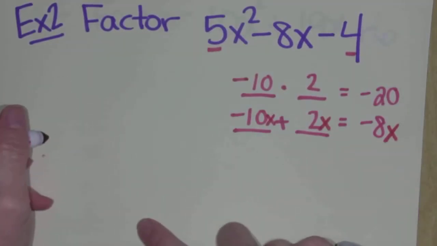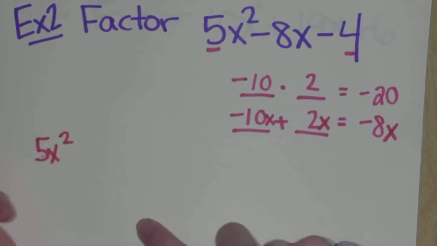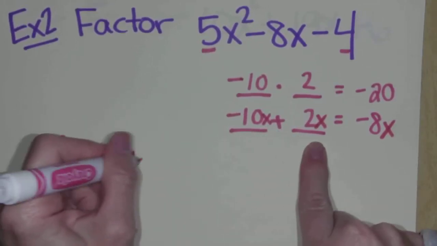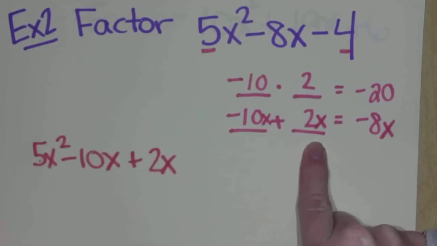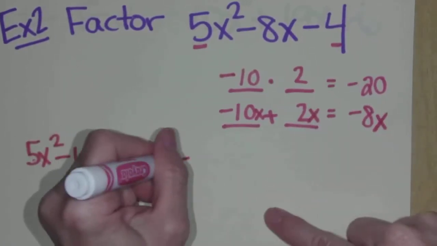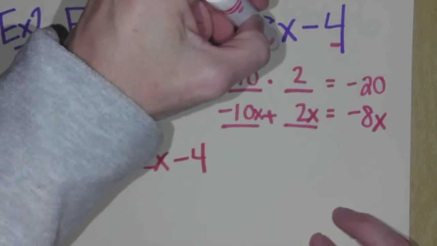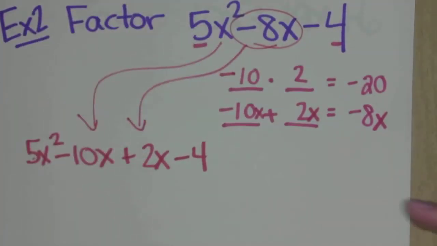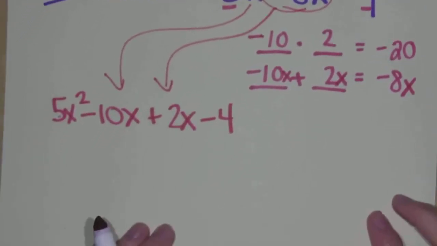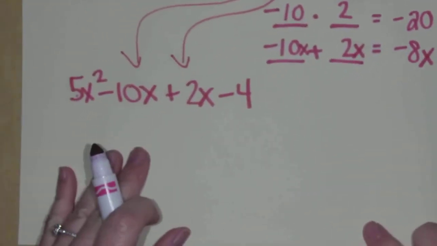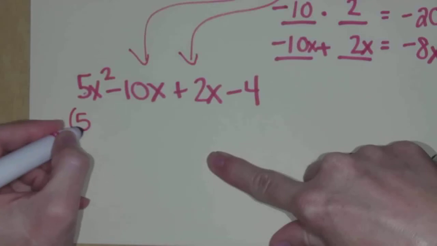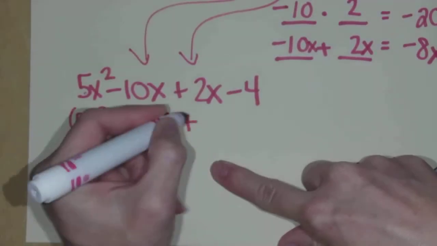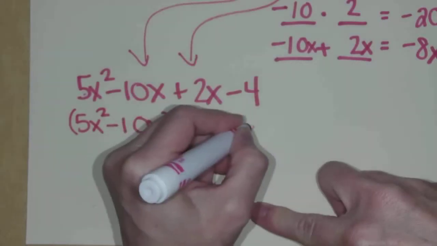So this is what I've got. 5x squared minus 10x plus 2x minus 4. So I just wrote this negative 8x as negative 10x and positive 2x, which of course does make negative 8x. And now I group. So my first two terms go right into parentheses, 5x squared minus 10x plus 2x minus 4.